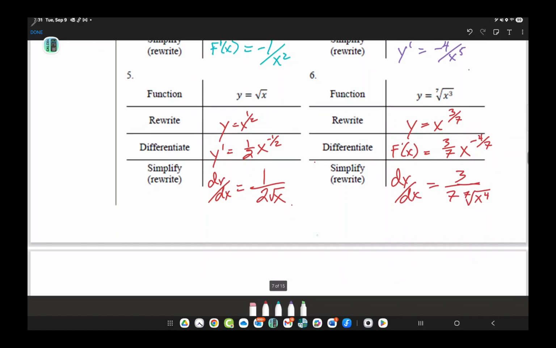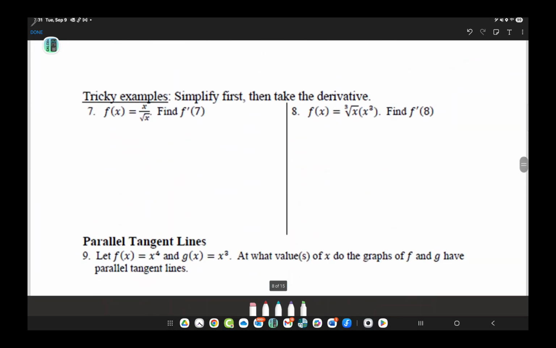All right. So now we can simplify number 7. Okay. So first things first, we are going to rewrite this as f of x is equal to x to the 1 over x to the 1/2. All right, and since with division you subtract exponents, we just get x to the 1/2.